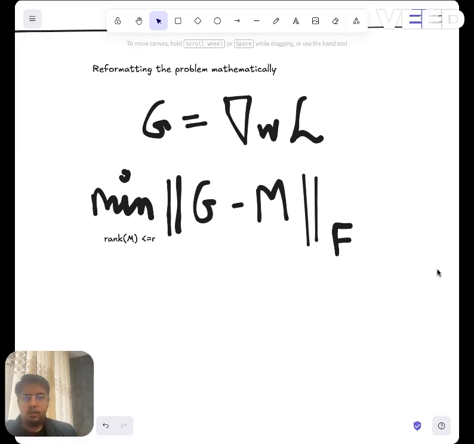This is what we would ideally want here. So now this is not like a deep learning problem anymore. It's more like a problem of classical linear algebra.